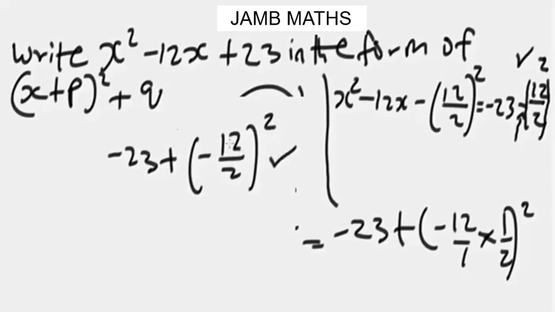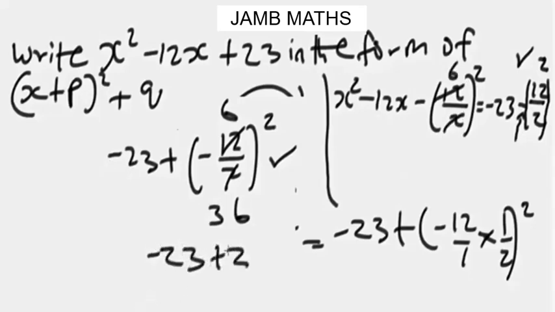When you simplify what we have inside the bracket, the 2 cancels 12, and we're going to have 6. Okay, so minus 6 squared will give us 36. So we have minus 23 plus 36, because minus 6 squared gives us 36. When you punch this on the calculator, you're going to have 13.